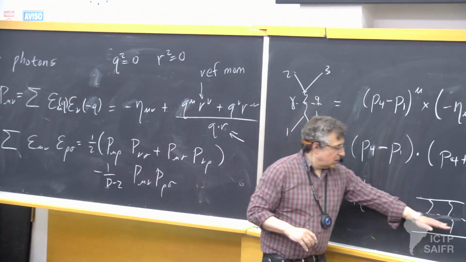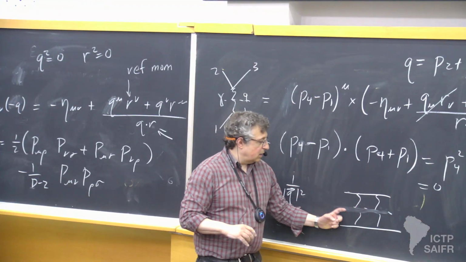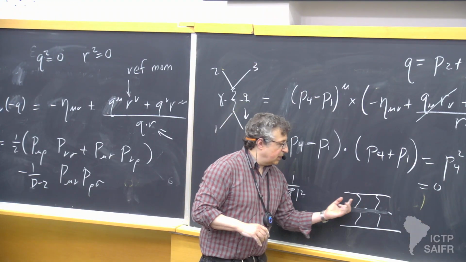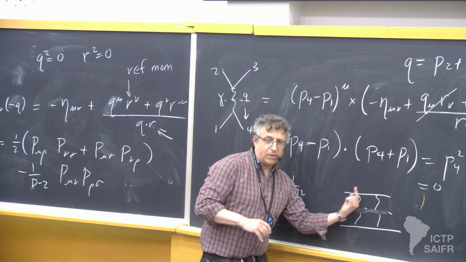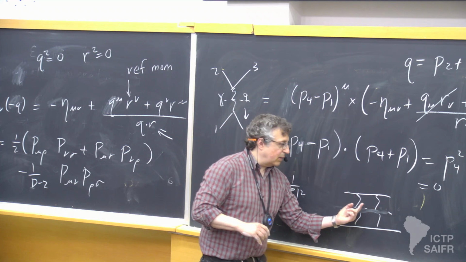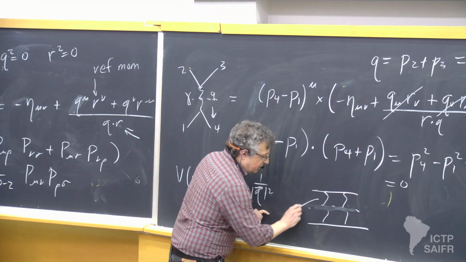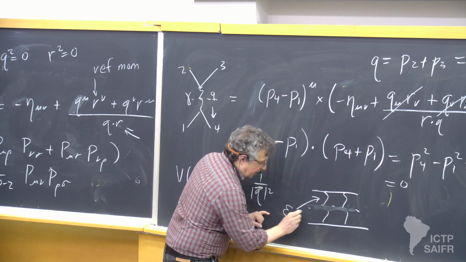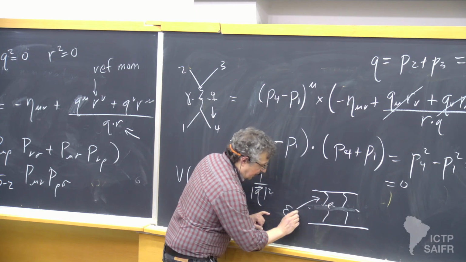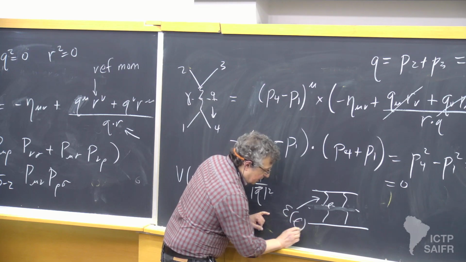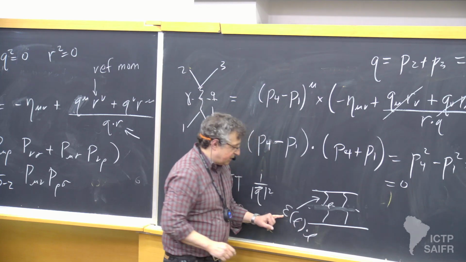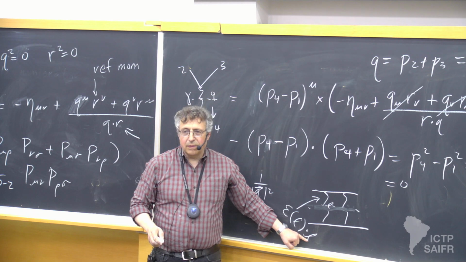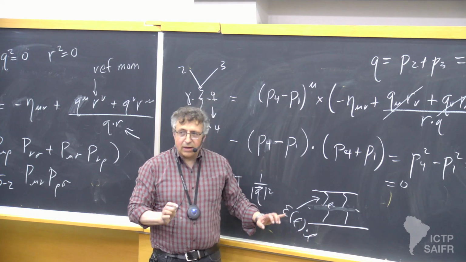But once we go on shell, then you have freedom of adjusting exactly the precise form of the terms and what you keep or what you don't keep. For example, here there's a polarization vector, let's say L. Do I keep a term like epsilon L dot L, or not keep it?